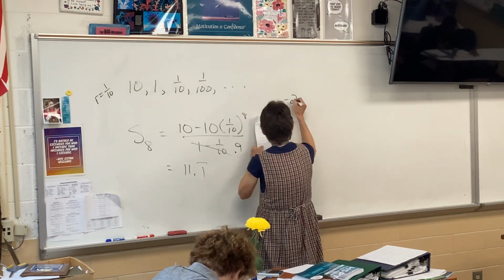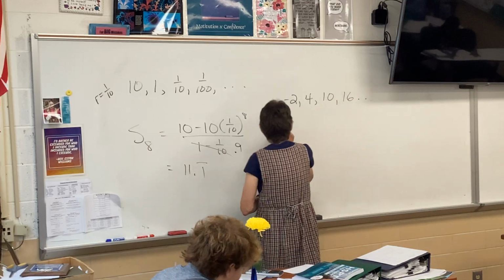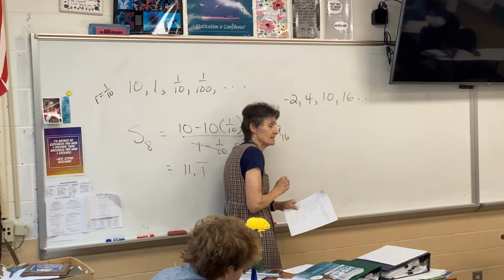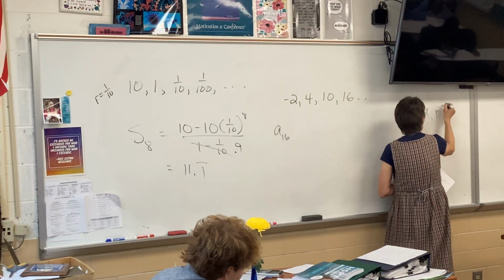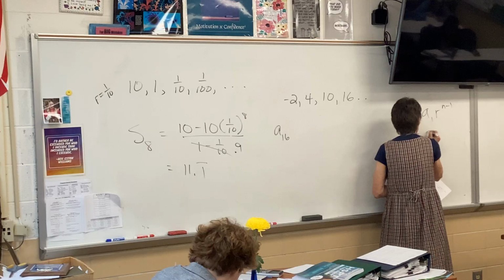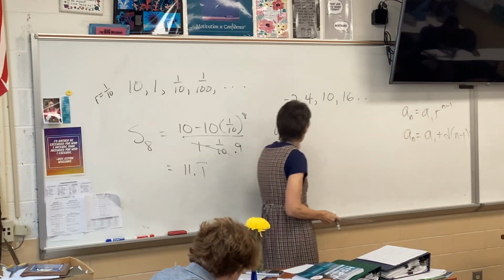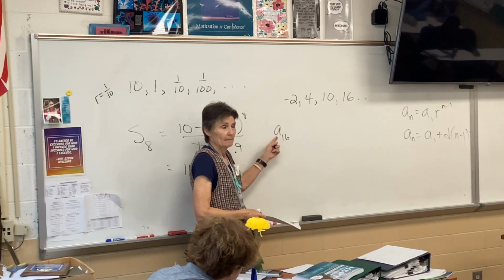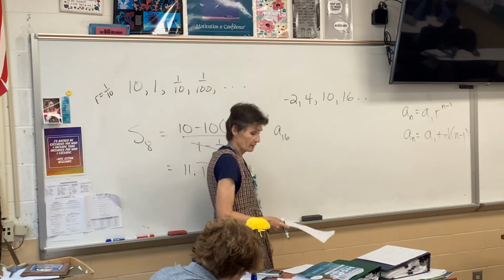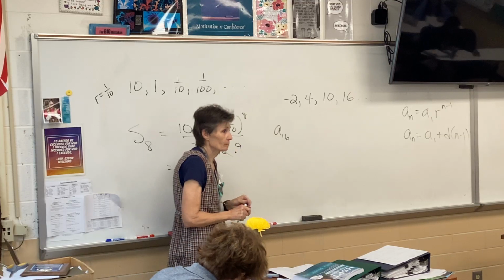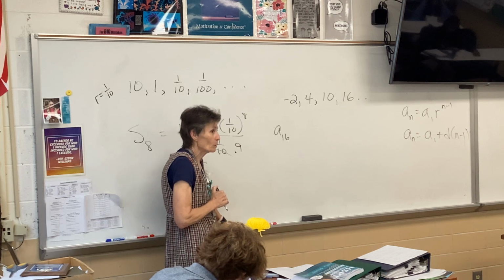Okay, now we've got this guy. This is what we just had on our quiz. Got some kind of a sequence, and it says find a sub 16. So I will be using this formula or this formula. Those are my only choices because it says so right here. So which one's it going to be? The bottom one.